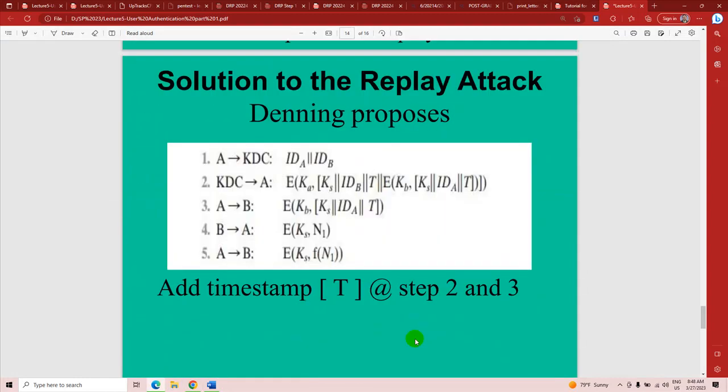So what is the solution now? The solution is this: in step 2, please add a timestamp T. If you add the timestamp, then what happens?